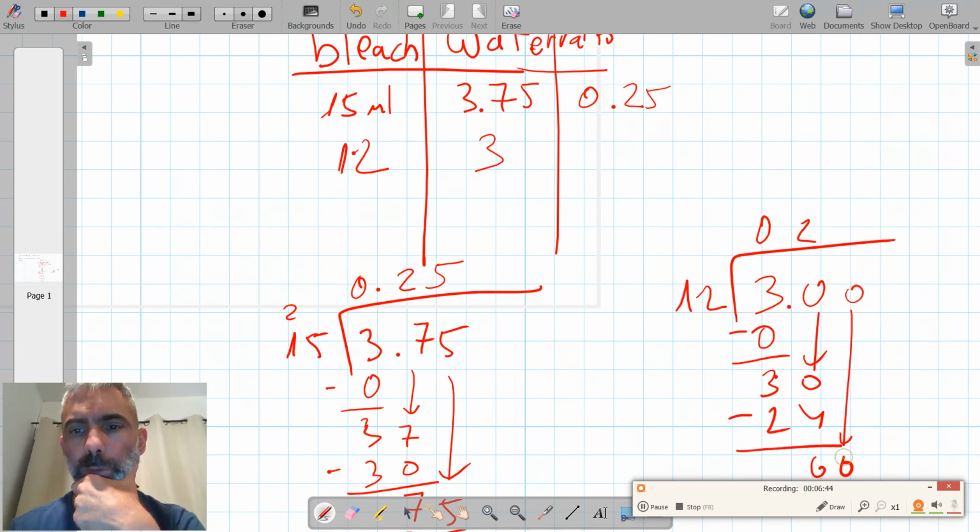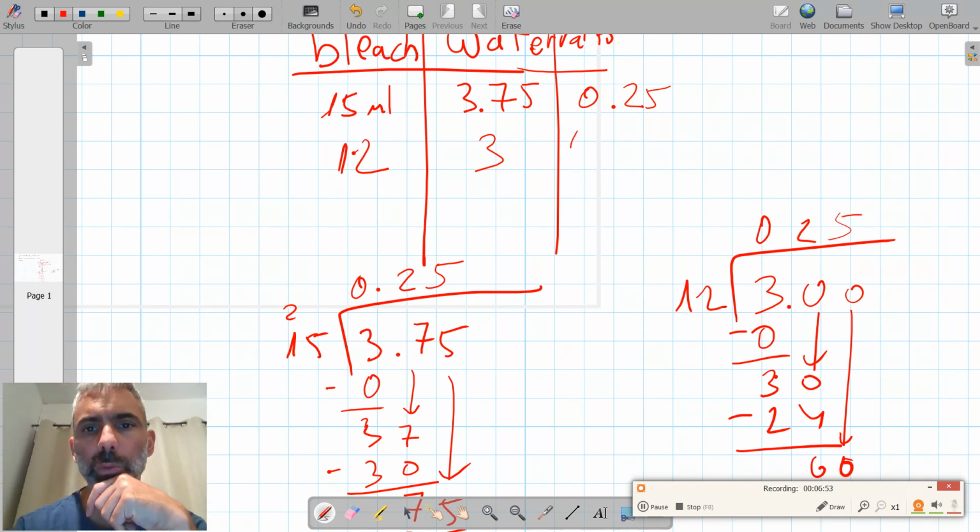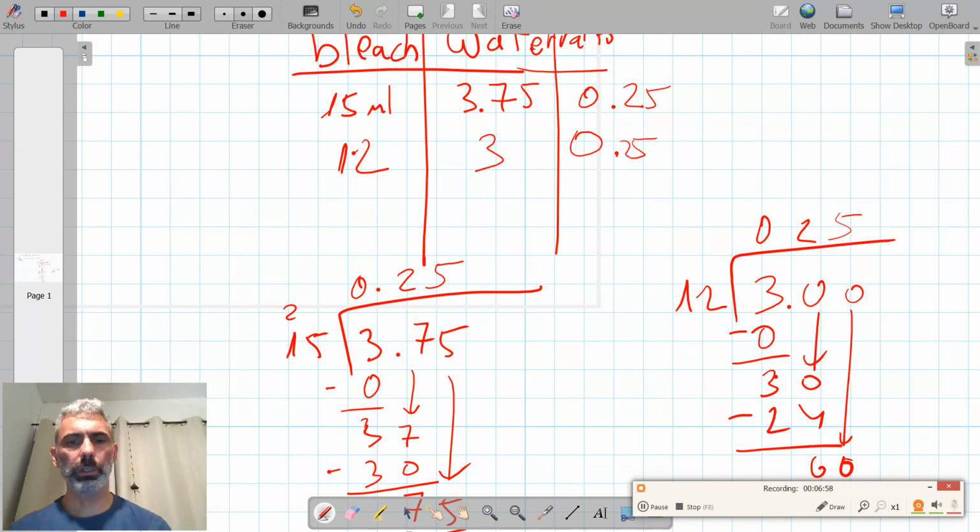Bring down 0. 12 goes into 60 5 times. 5 times 10 is 50. 5 times 2 is 10. So it's 0.25. So option A is correct.